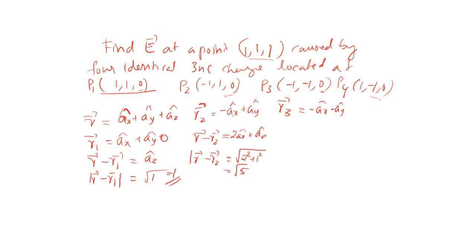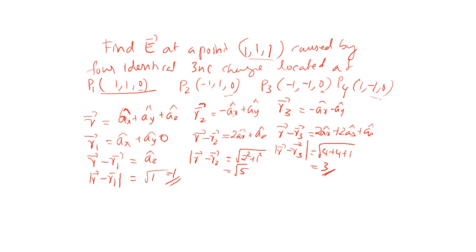If you subtract r minus r3, what is r minus r3? ax minus minus ax, so 2ax cap, ay minus minus ay, so plus 2ay cap, plus az minus 0, so az cap, and the value mod r minus r3 is square root of 4 plus 4 plus 1, so 9, root 9, that is nothing but 3.